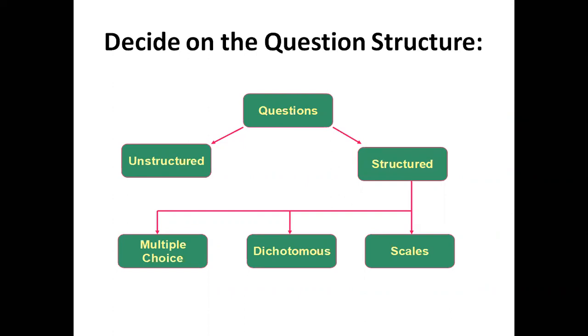What is your gender? Male, female. Dichotomous options. Only two. Are you aware of XYZ company? Yes or no? A question with two options is called a dichotomous question. Hope you are following.